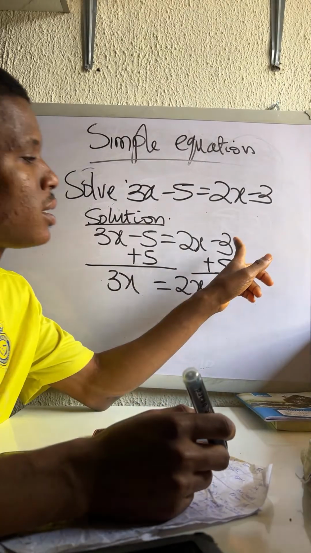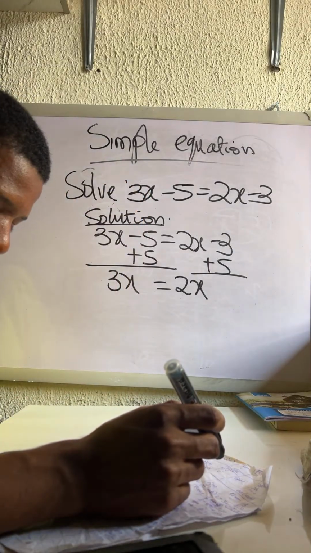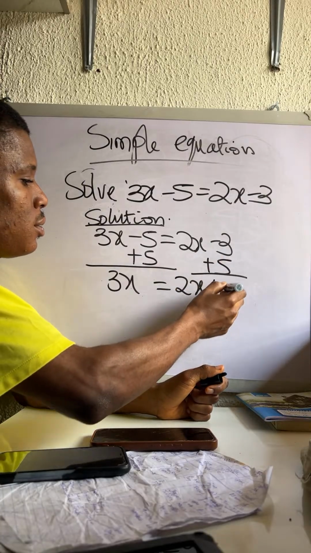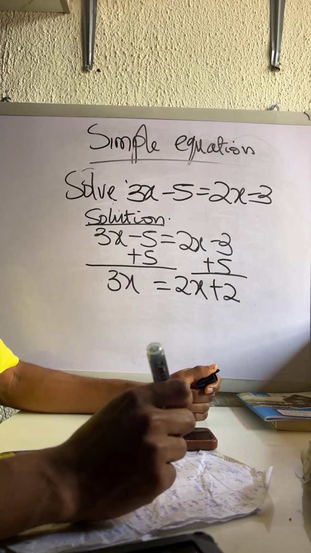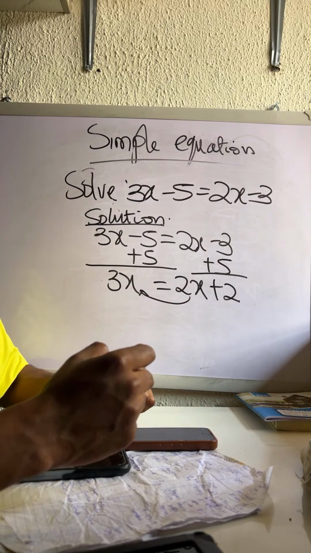So what is minus 3 plus 5? Plus 2. Good. So the next thing we do is subtract 2x from both sides.